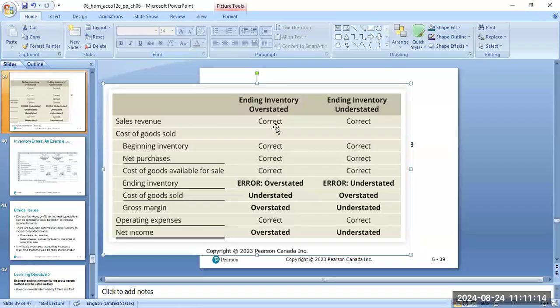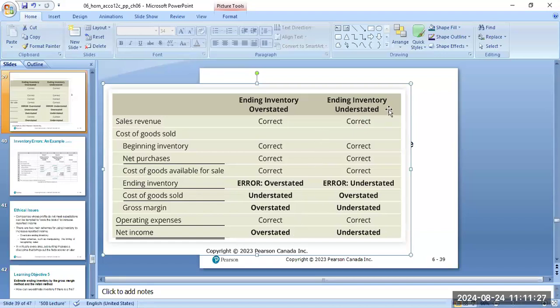So let's go back to the slides, and now the slide is going to make more sense. If the ending inventory again is overstated, the cost of goods sold will be understated, gross margin will be overstated, and net income overstated, as we already saw.